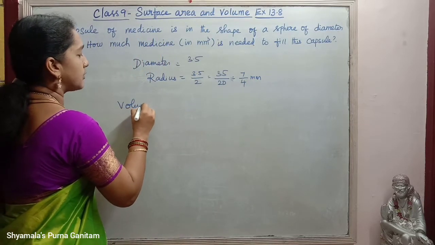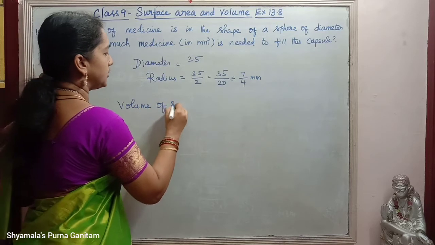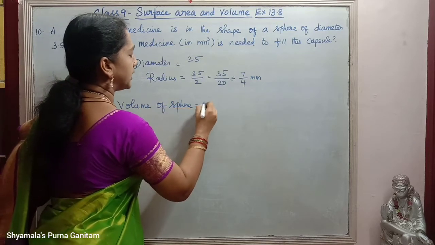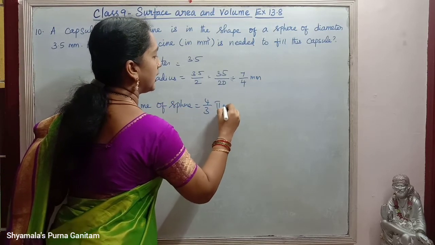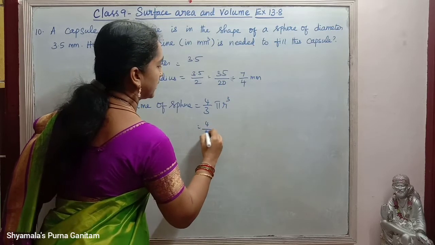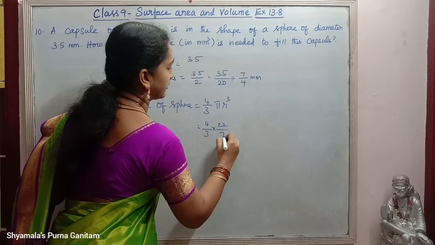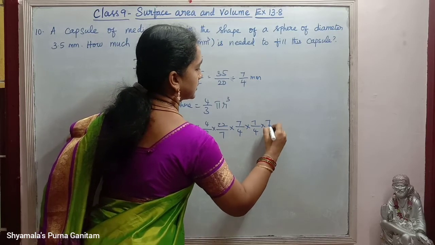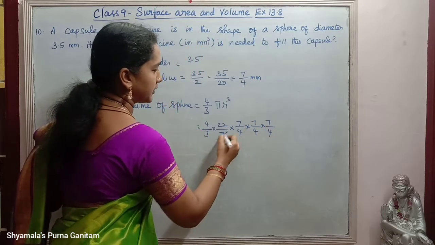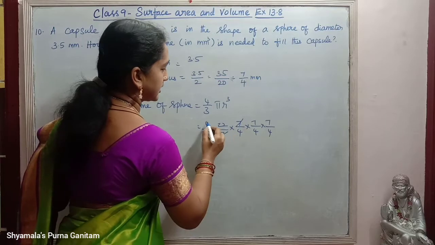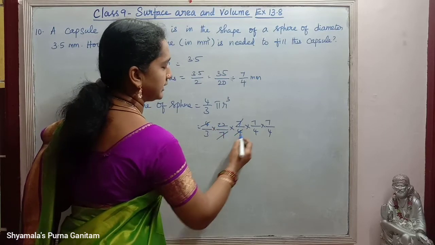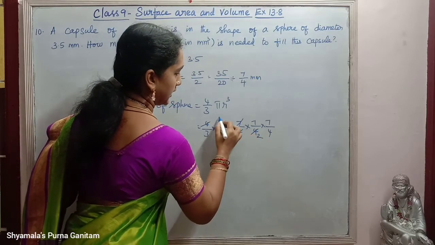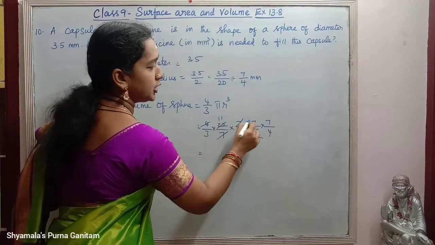Now the volume of the sphere. The volume of the sphere is 4 by 3 pi r cube. So 4 by 3 into 22 by 7 into 7 by 4, three times. Now if I simplify, 7 will get cancelled, and 4 and 4 will get cancelled. Then 2, 11 times. So 11 into 7 into 7.